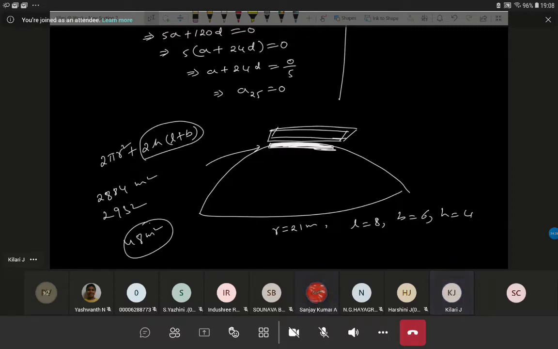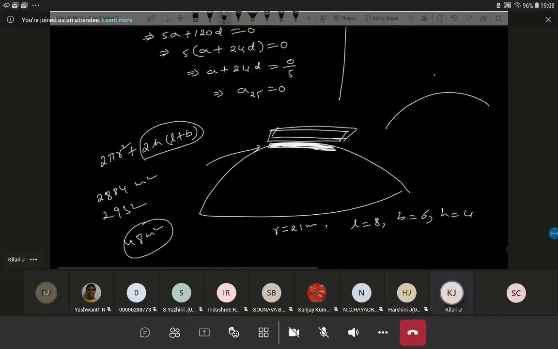By finding TSA, it will be 2LB, 2BH, 2HL, so that will be twice the LB. Why are they adding again and again? Yeah, I understood. That's what I want to say here.